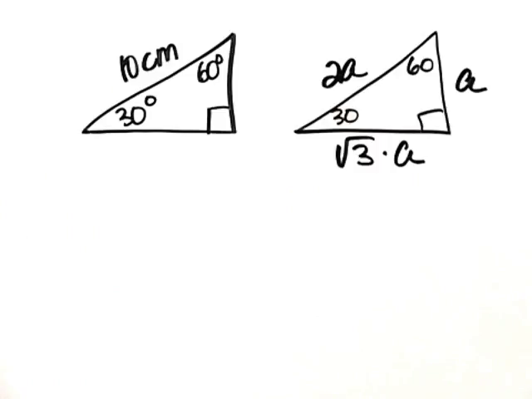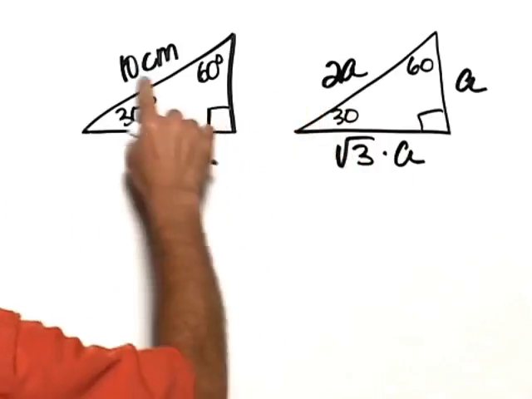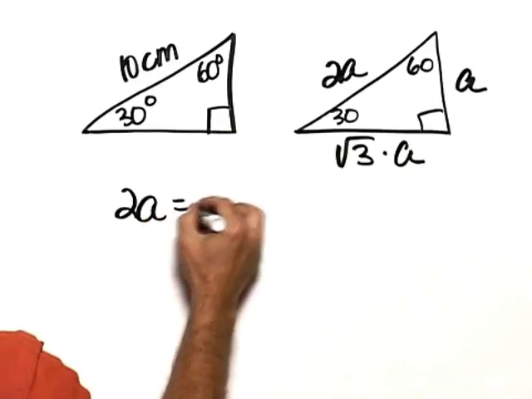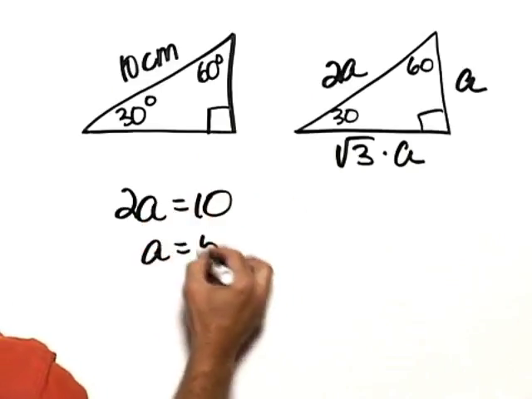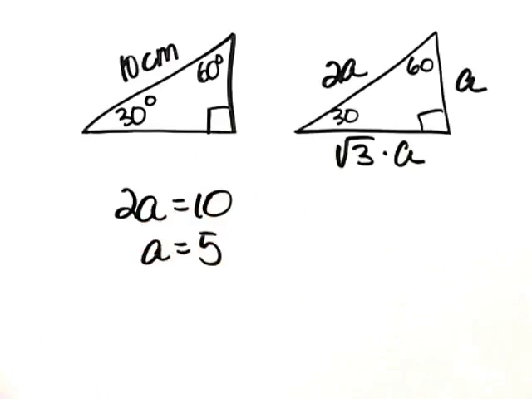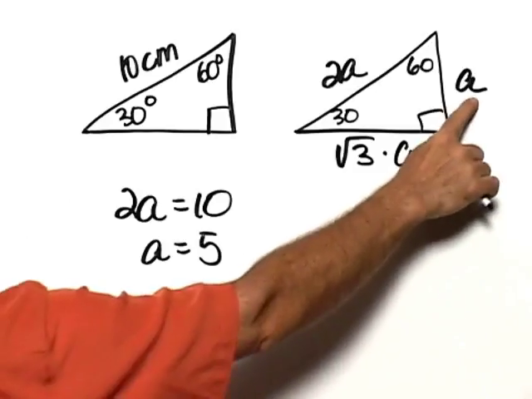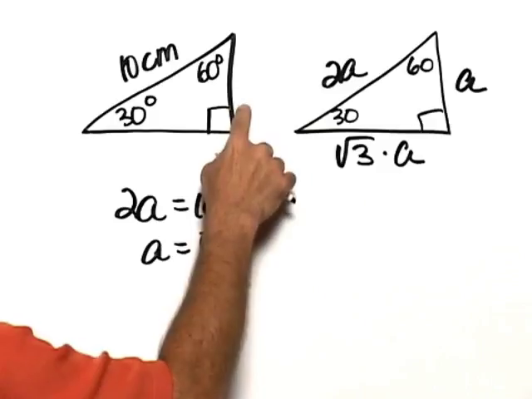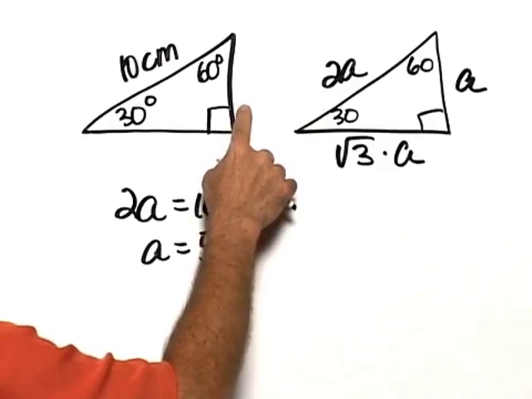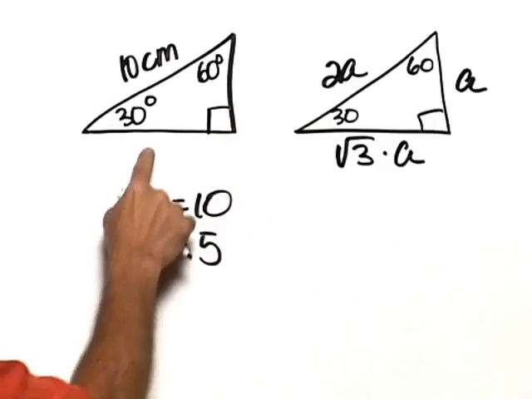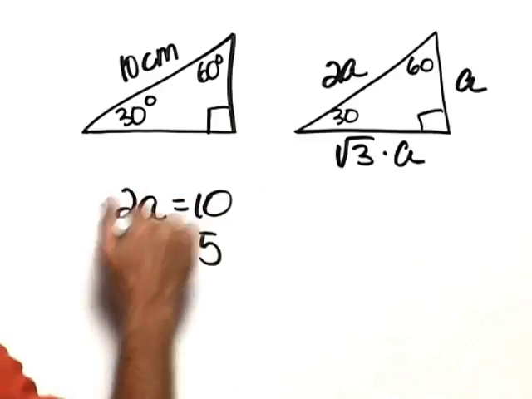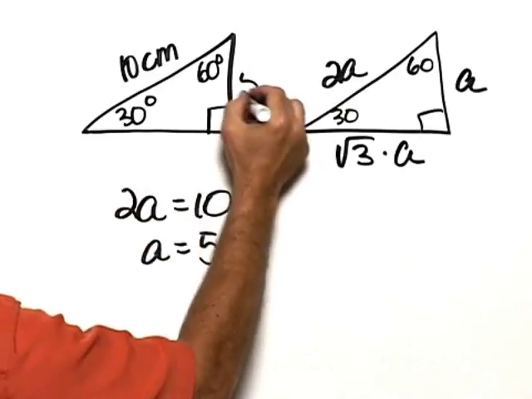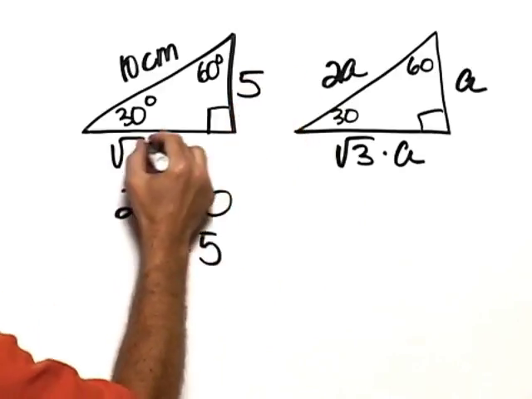So now when we compare, we see that 2A would have to be equal to 10, and therefore A is equal to 5. So when we go to our triangle, we now see in the comparison that this side would be 5 centimeters. This side would be the square root of 3 times 5. So let's write these in.